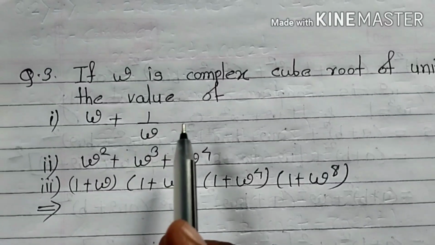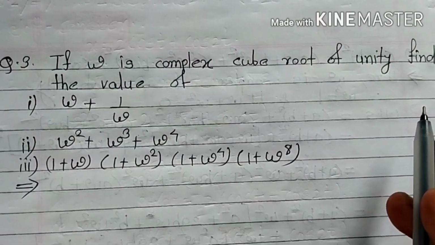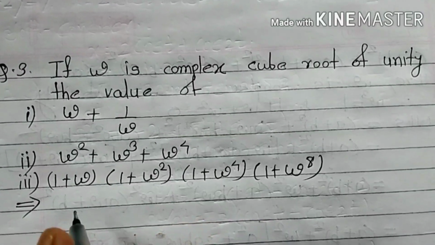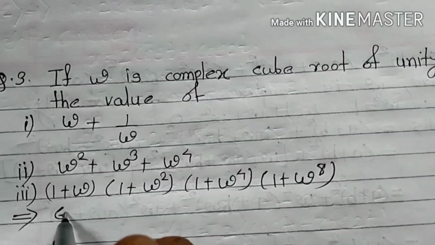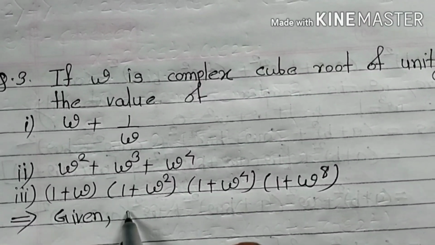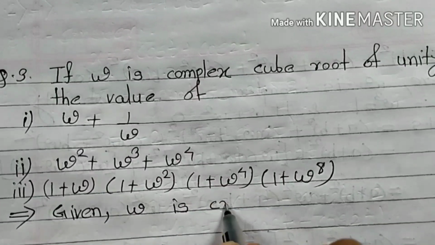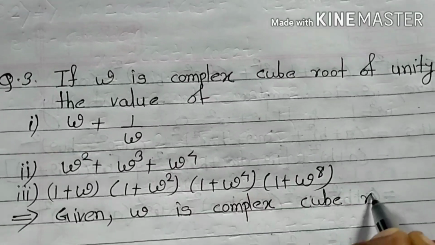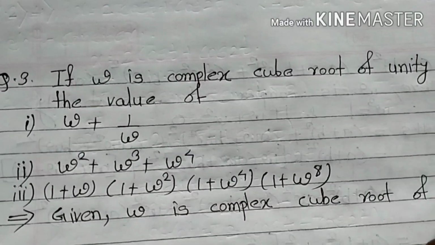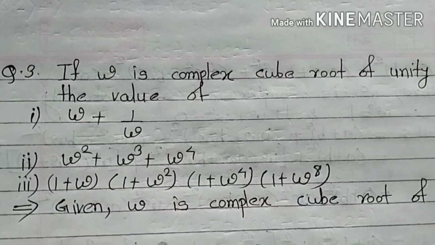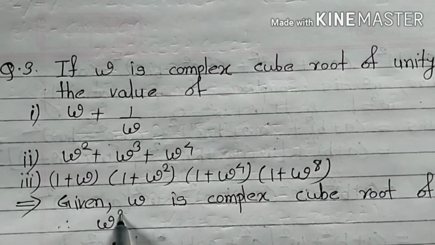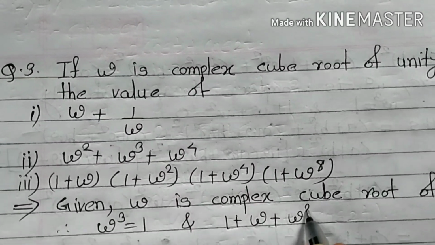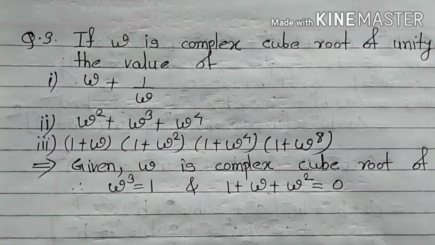Now next example, if omega is complex cube root of unity, then find the value of this. So here given that omega is complex cube root of unity. Therefore, omega cube equal to 1 and 1 plus omega plus omega square is equal to 0.